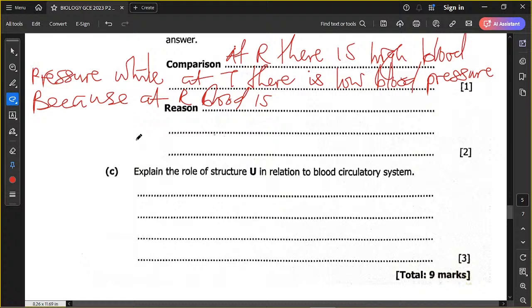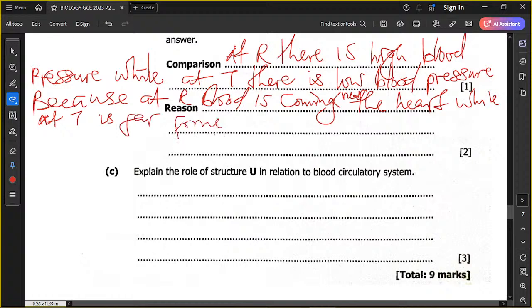So because at R the blood is coming from or near the heart, well, at T it is far from the heart. Okay, so that is one reason.